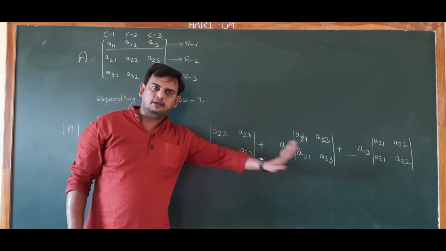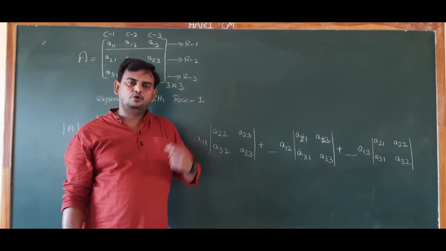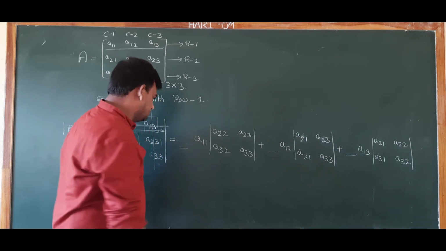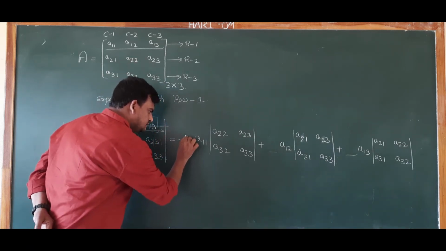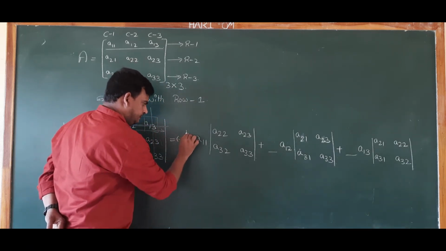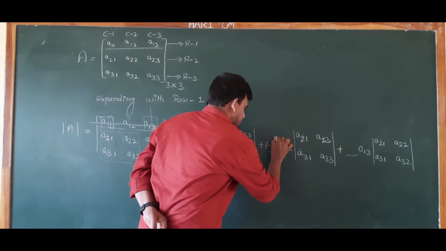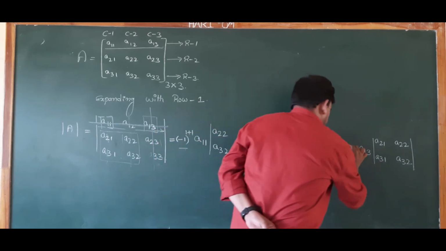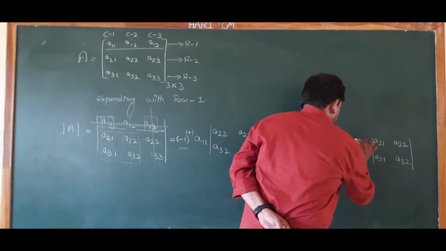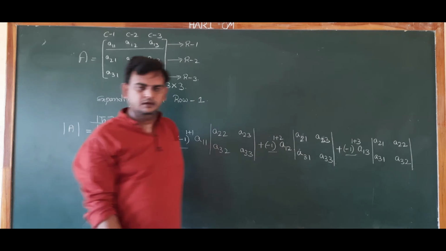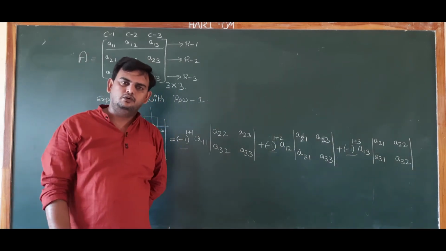While expanding, we have one coefficient. What is that coefficient? Minus 1 power 1 plus 1, minus 1 power 1 plus 2, minus 1 power 1 plus 3. These coefficients we have to continue.